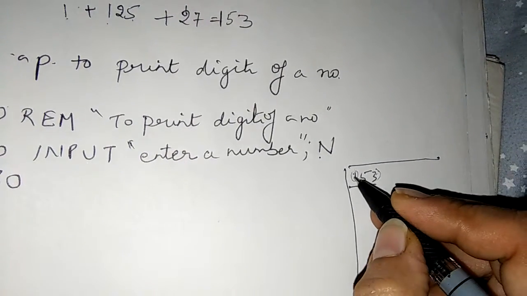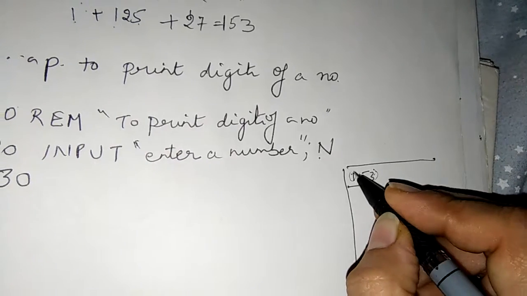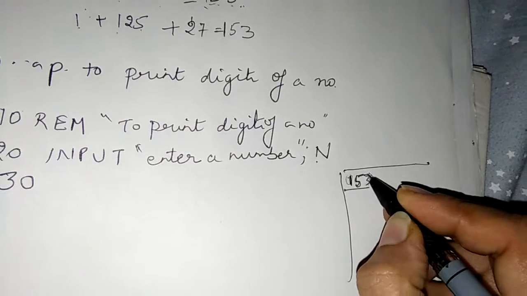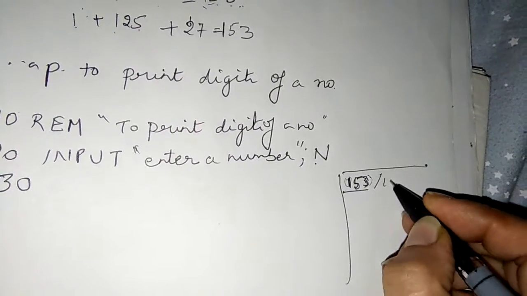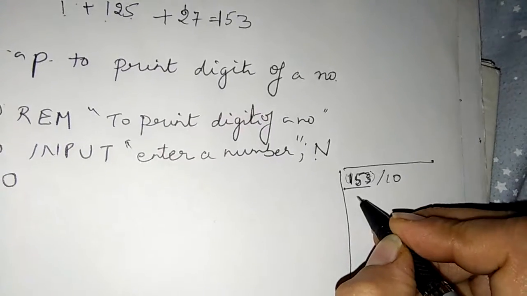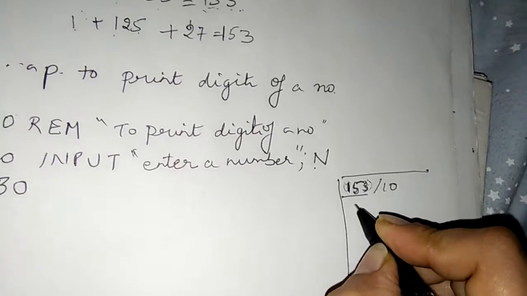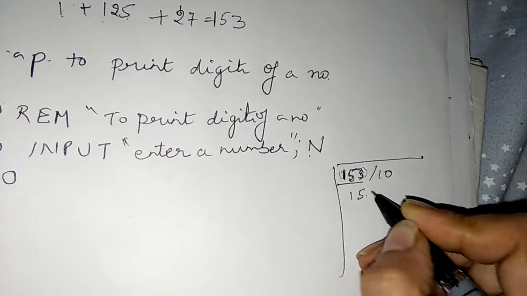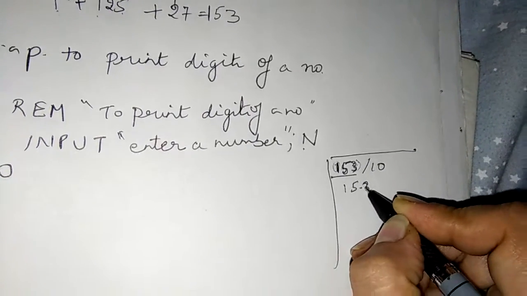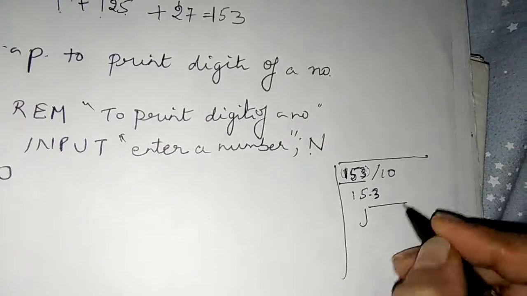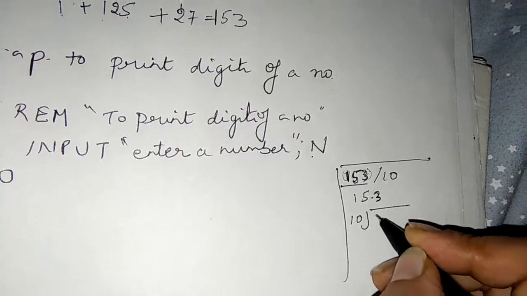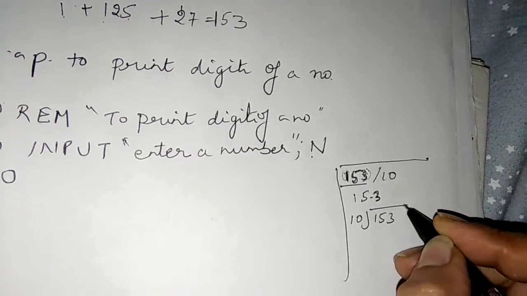First of all, I have to divide this number 153 by 10. In exact calculation, the result will be 15.3. Right? How will we divide? This is 10. This is 153.